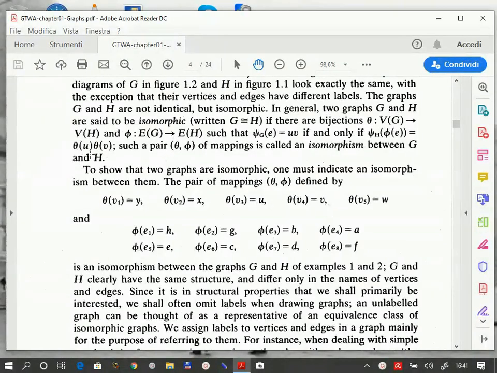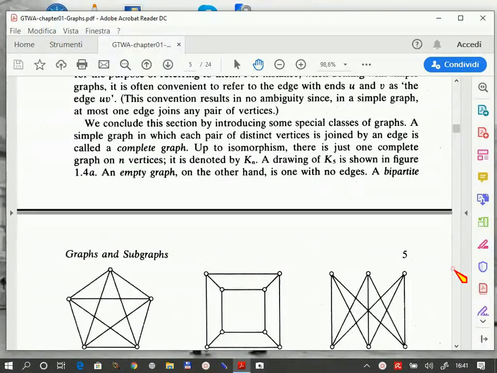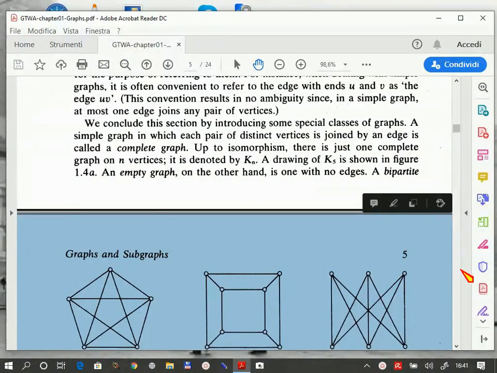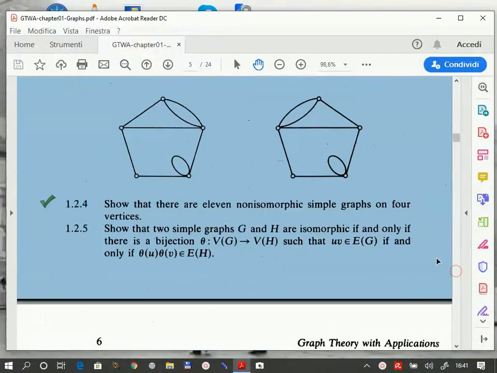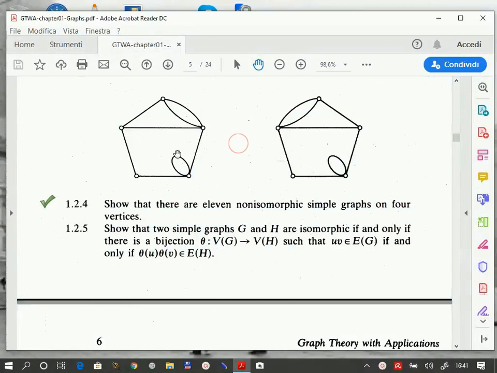Theta of u again. So the same vertex again. And the only possibility is that this edge goes to this edge.